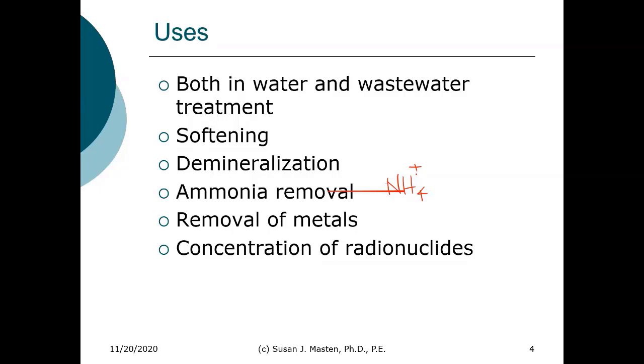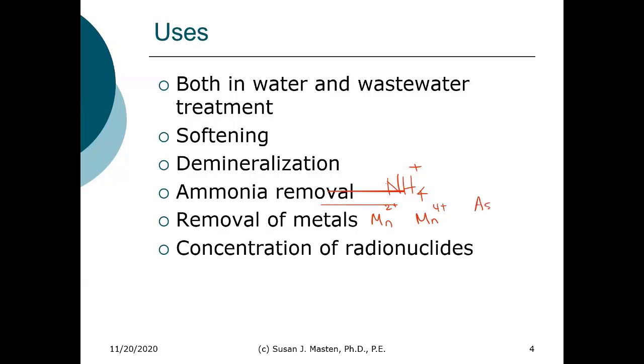We can remove metals. We need to know the charge of those metals. So for instance, if we're looking at removing manganese, we need to know if it's manganese 2 or manganese 4, but what state is it in? Is it as a hydroxyl ion?